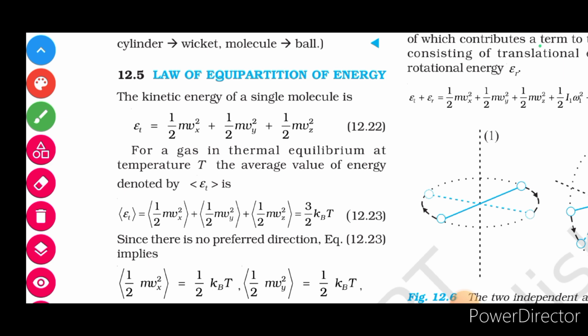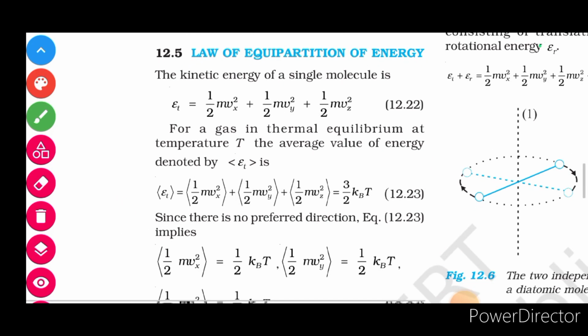In 1 mole we have Avogadro number, 6.022 into 10 to the power 23 particles. If I take one molecule, a monoatomic particle, how many degrees of freedom are there? 3 degrees of freedom. So its energy will be distributed equally in each degree of freedom.